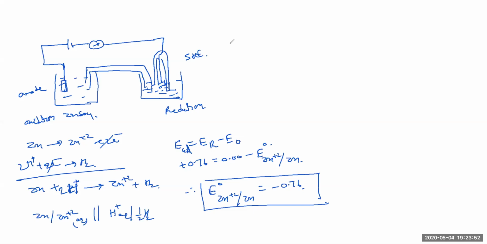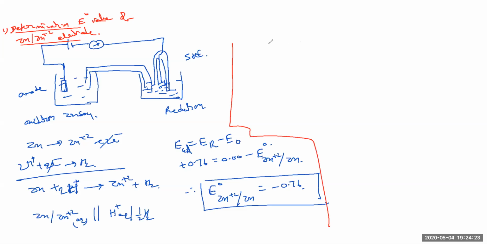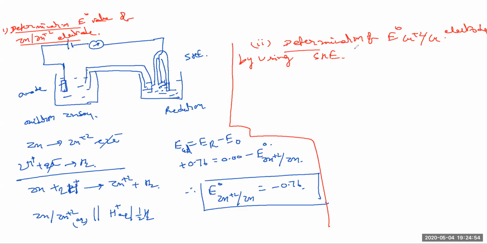For this diagram, if you want, you should take it now. The heading is: determination of E naught value of Zn/Zn2+ electrode. Similarly, I give a second application: determination of E naught value of Cu2+/Cu electrode by using the reference electrode, that is SHE, the standard hydrogen electrode.